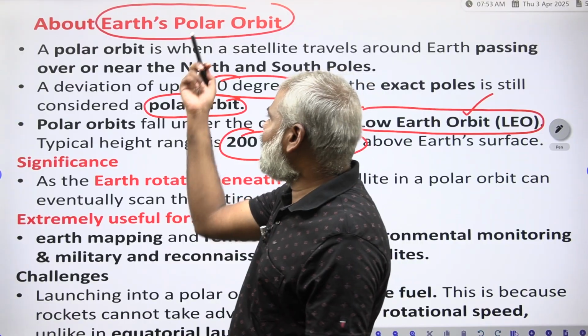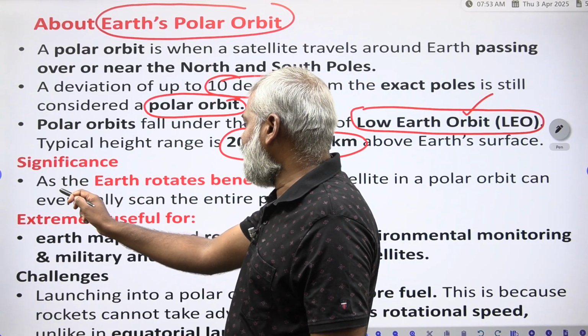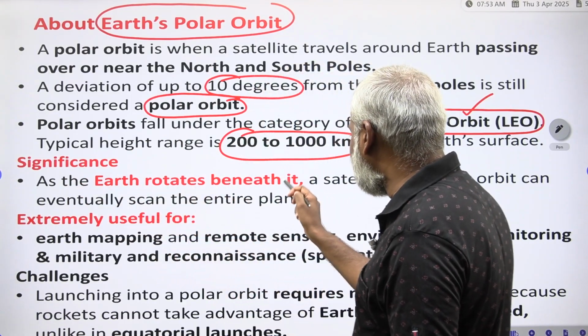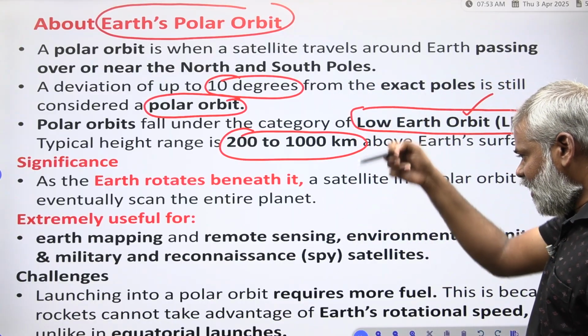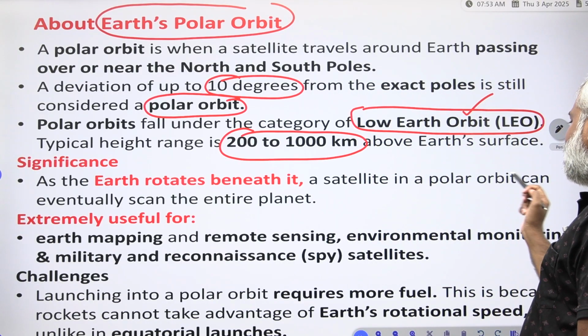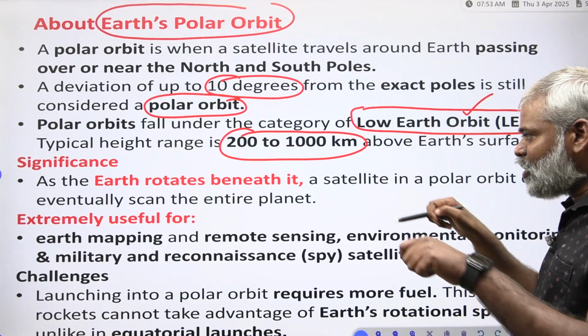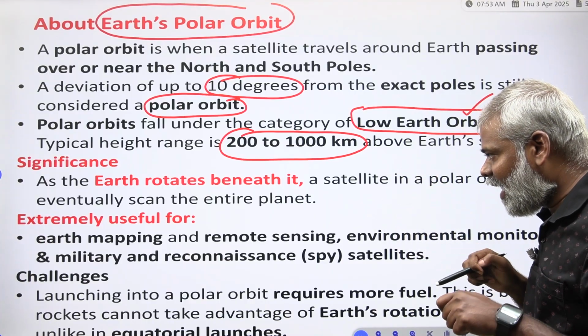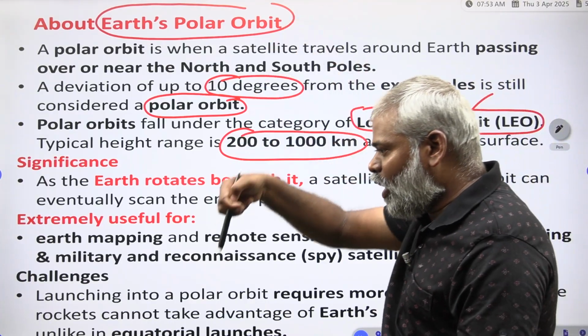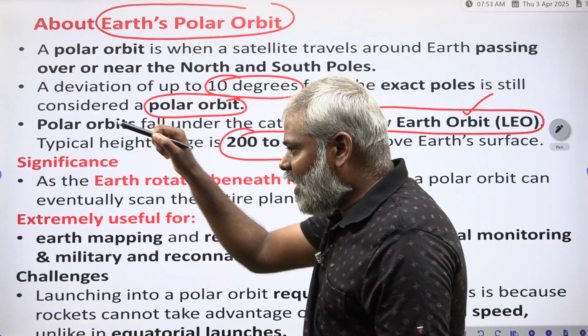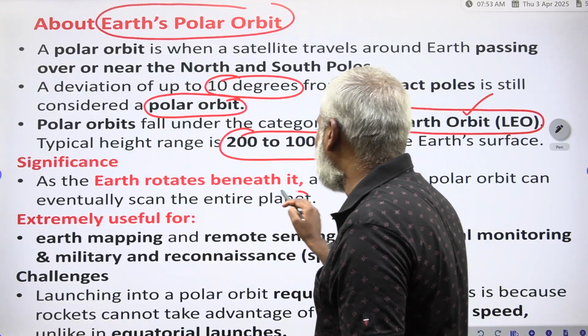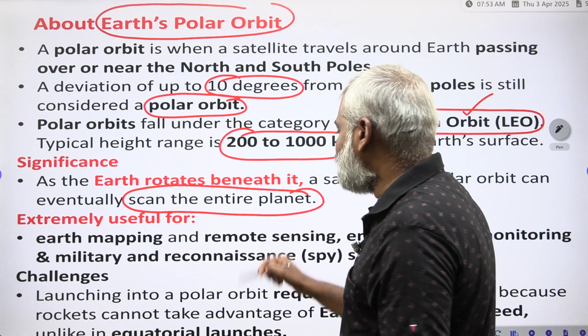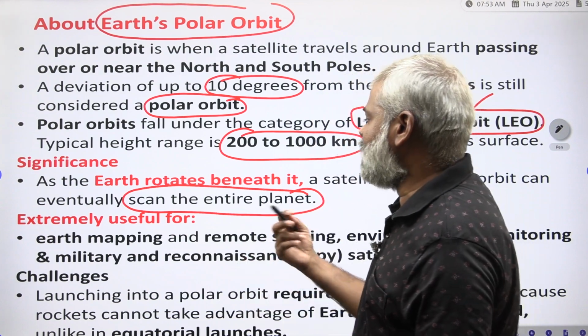What is the significance of the Earth polar orbit? As the Earth rotates beneath it, a satellite in a polar orbit can eventually scan the entire planet. From the pole onwards, they eventually scan the entire planet, and after scanning, they do the research.